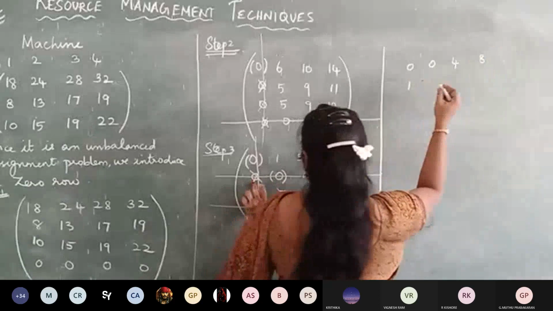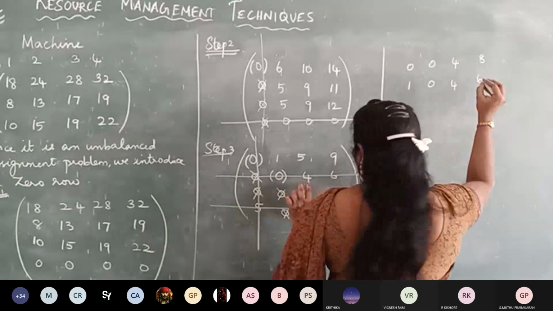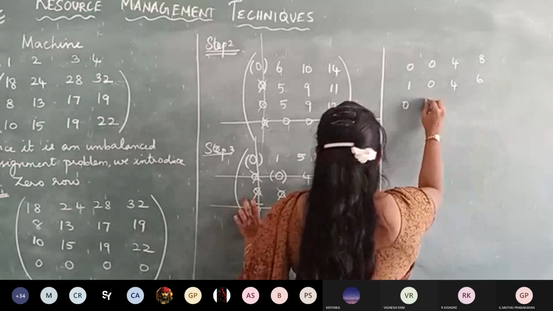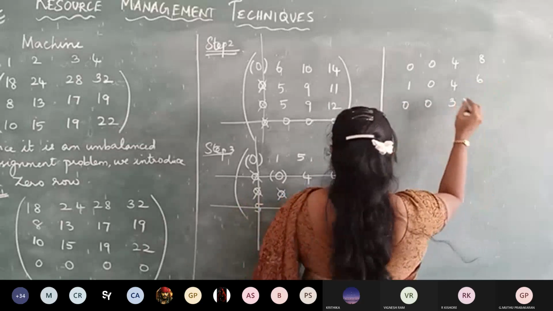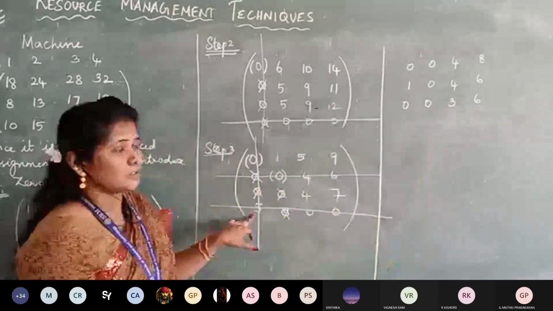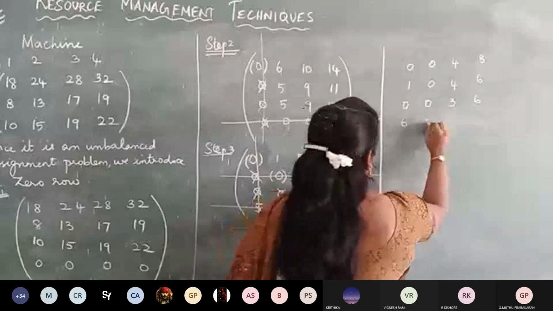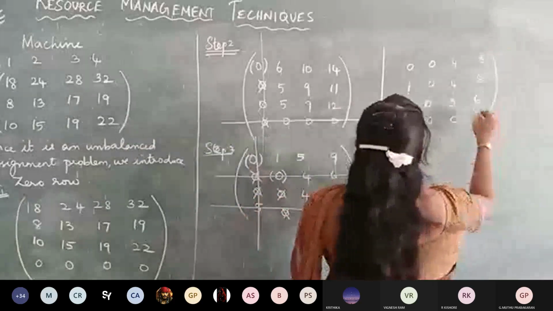Here there's an intersection, so it becomes 1, 0, 4, 6, 0, 0, 3, 6, 5. Here there's an intersection, so you will add 1 here. So it becomes 6, 0, 0, 0.